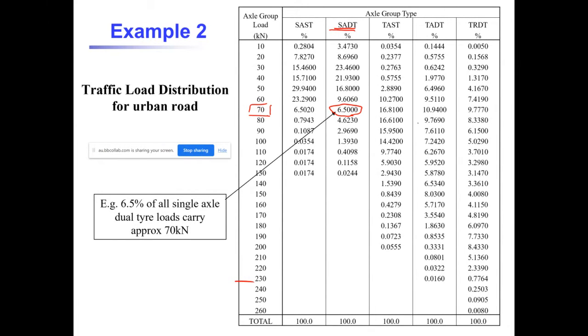Or for example, here it means that 14.42% of tandem axle single tires carry a weight of approximately 100 kilonewton. Right? So this now gives us some information. And the summation of these percentages becomes 100, of course.